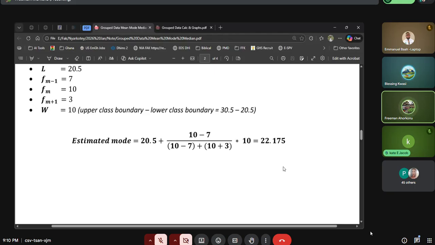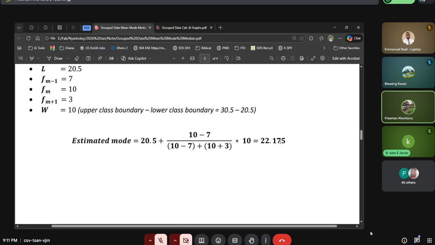If you just do something, for instance, if you have the numerator to be 7 minus 10, and you magically got the same answer, 22 point whatever, once the procedure is wrong, the answer must be wrong. That's one thing about calculation. You can get the procedure perfect and the answer wrong. Then you score marks up to where the procedure takes you, but you lose the mark for the answer.